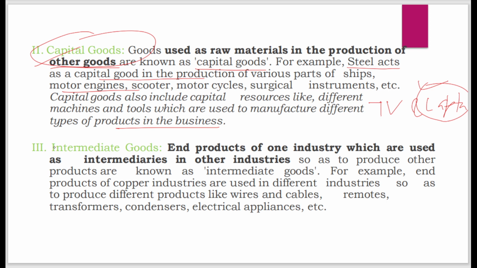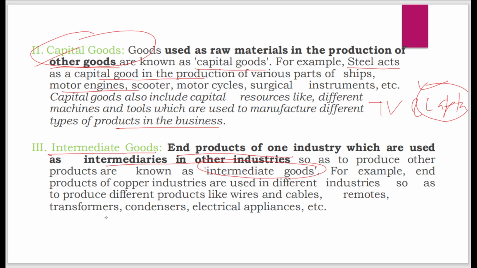Now let's see another one, intermediate goods. The end product of one industry which is used as an intermediary in other industries is known as intermediate goods. There are many examples here also.